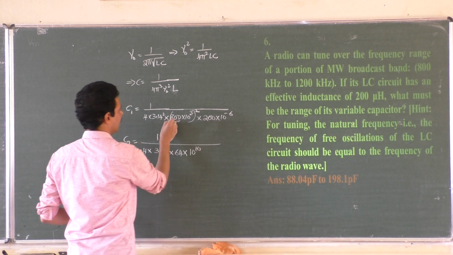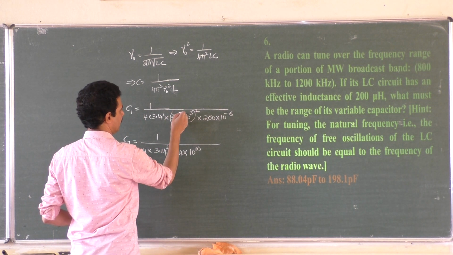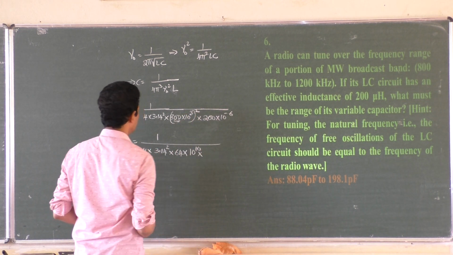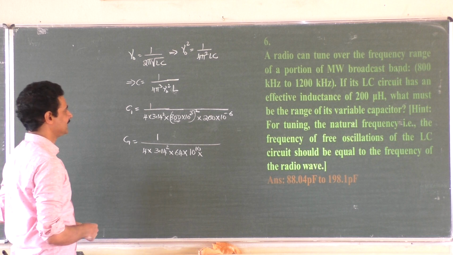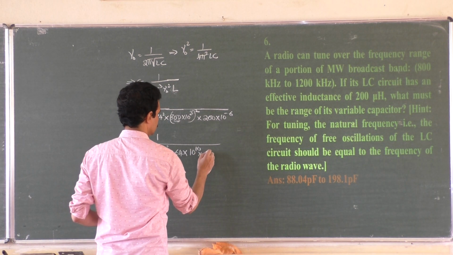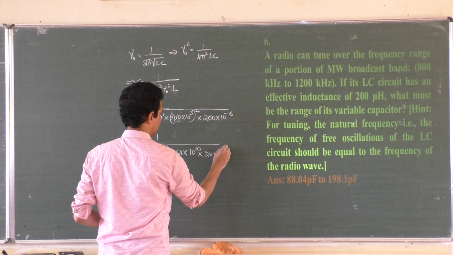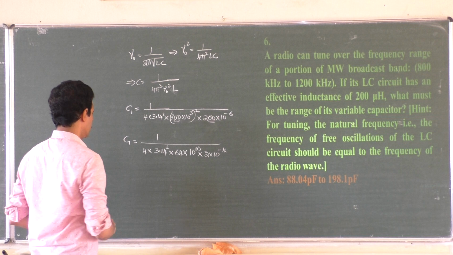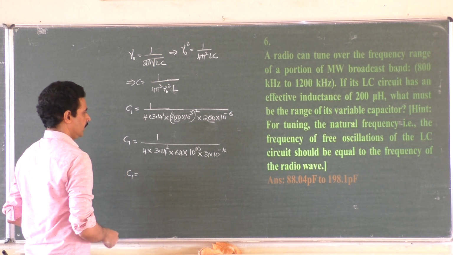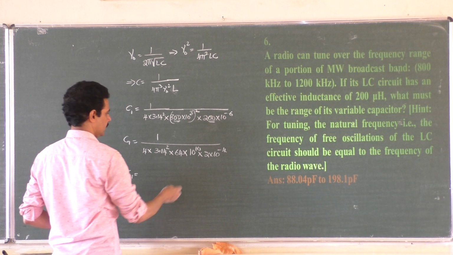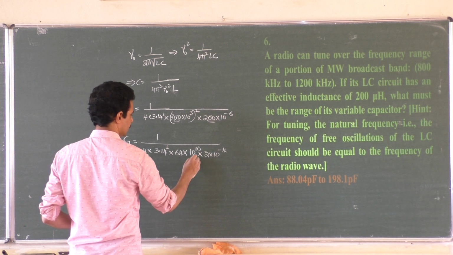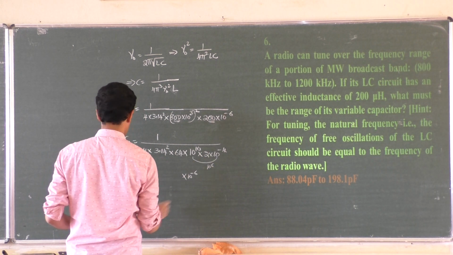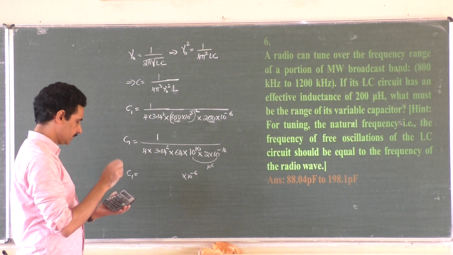Hope you have followed. 8 square is 64, 100 square is 10 to the power 2, then L is 2 into 10 to the power minus 4. These two zeros plus 2, minus 6, minus 4. So C1 is equal to, totally this is 10 to the power 6 here. When I bring it here it is 10 to the power minus 6, then I will calculate.